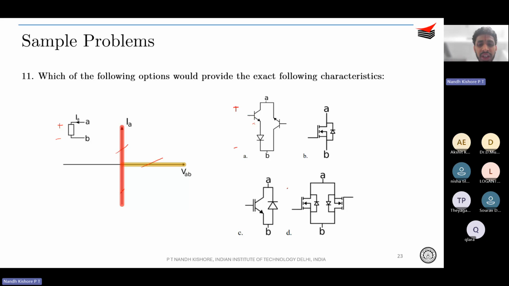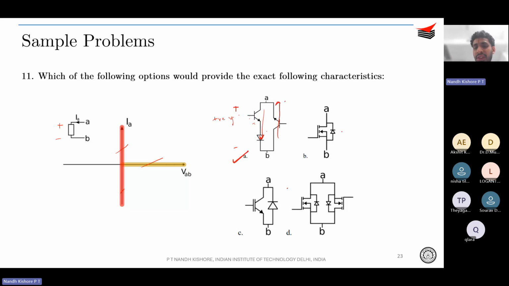So it can block positive voltage. It can conduct current from A to B, and it can also conduct current from B to A. So yes, A is one potential answer.